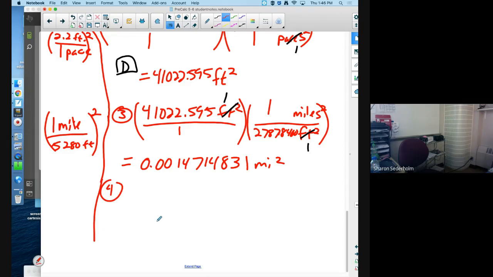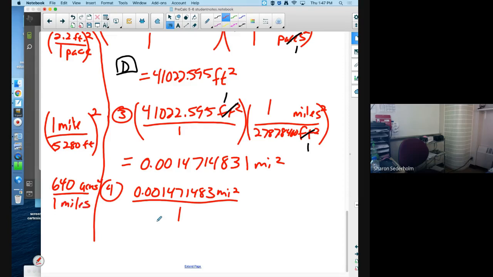Step 4. There are 640 square acres in a square mile. And usually we don't say square acres, it's just acres, because acres are considered to be square units. But this is what we have right now. They just told us 640 acres in 1 mile.